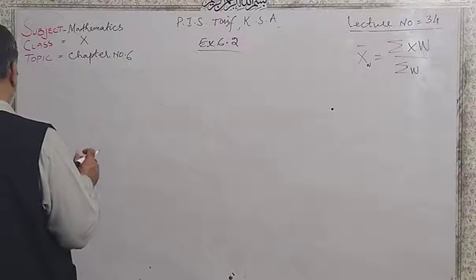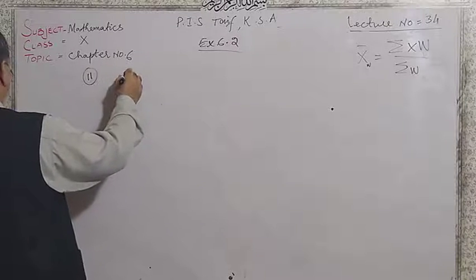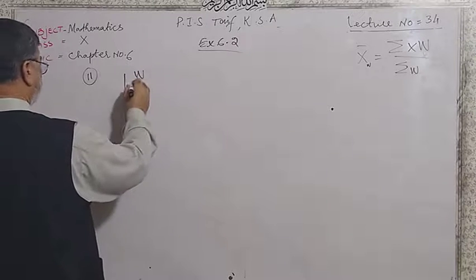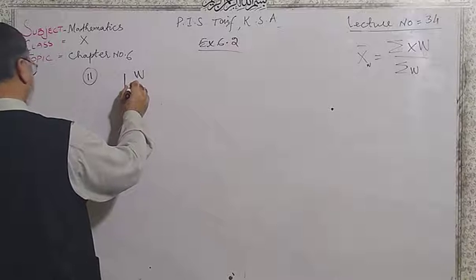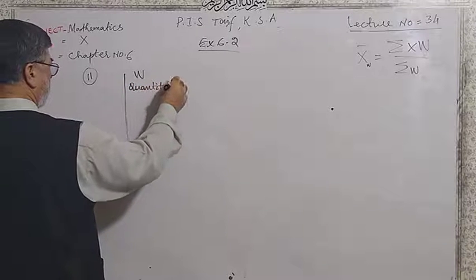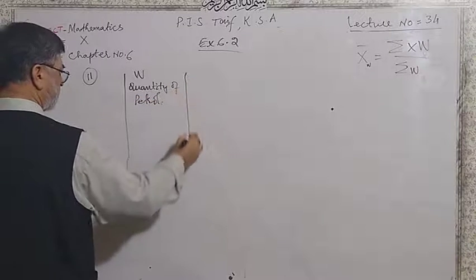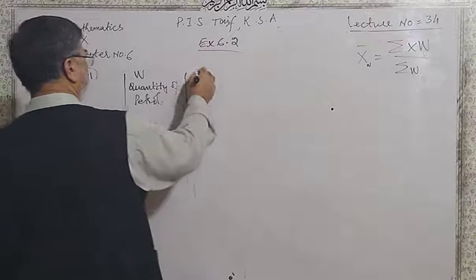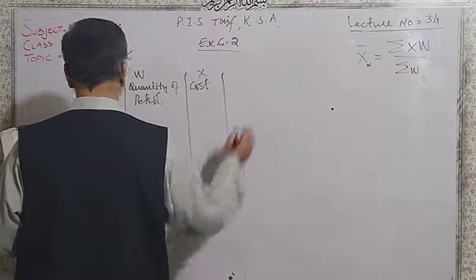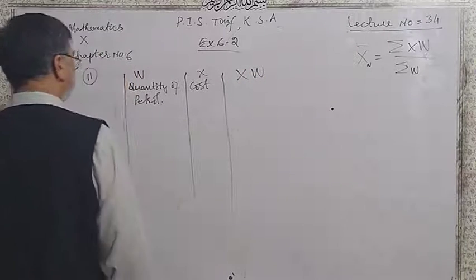So first of all, we will make the column of weight, that is quantity of petrol, and x, x is cost, and next column is xw.